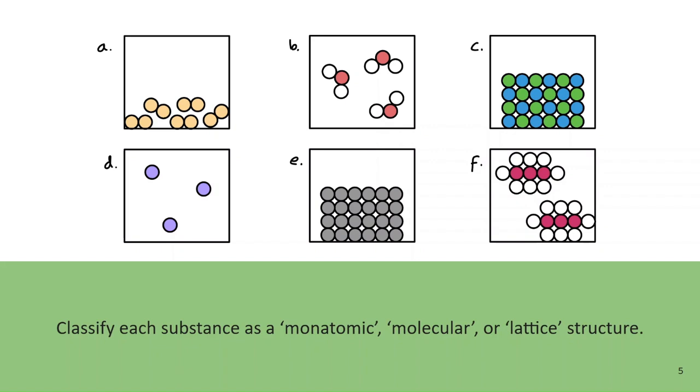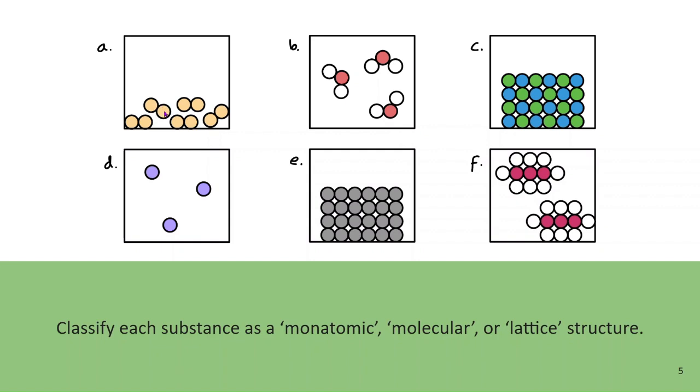So let's go through the answers and kind of talk about what they mean. So A, we can see these are particles, right? These two particles that are clumped together, and then there's some space, and then two more particles, space, two more particles, right? So this one is molecular, and that is because we have more than one atom, right?